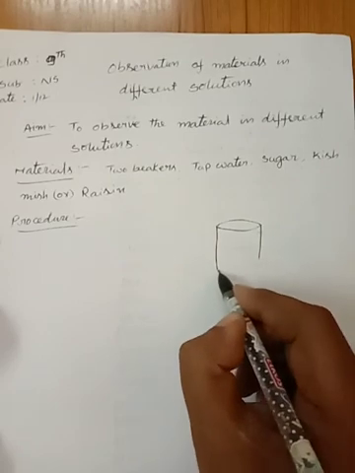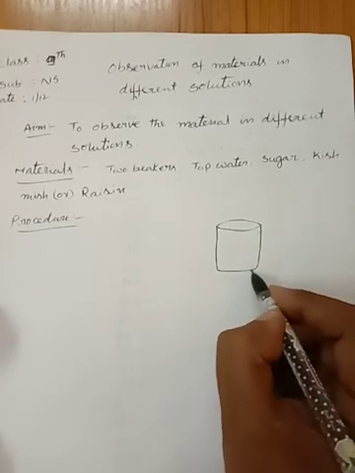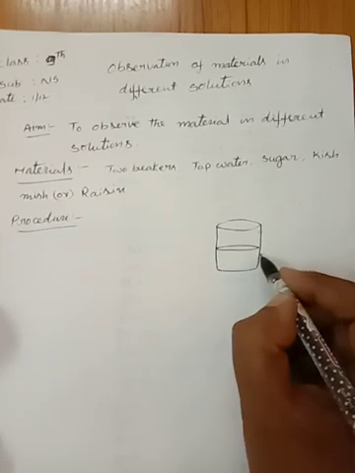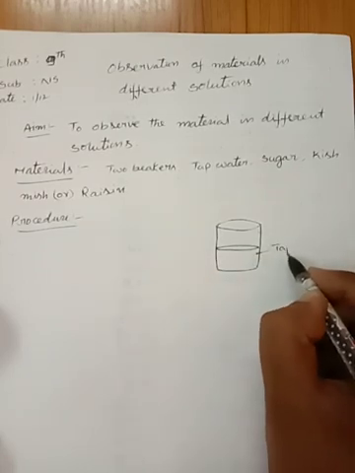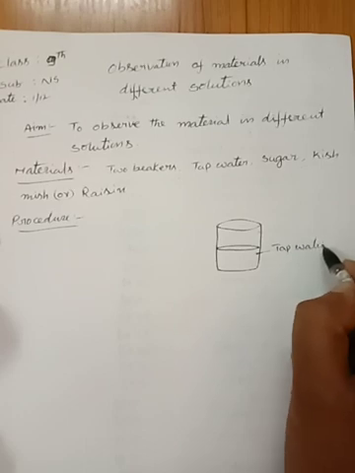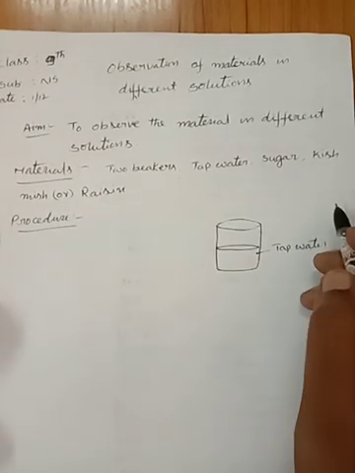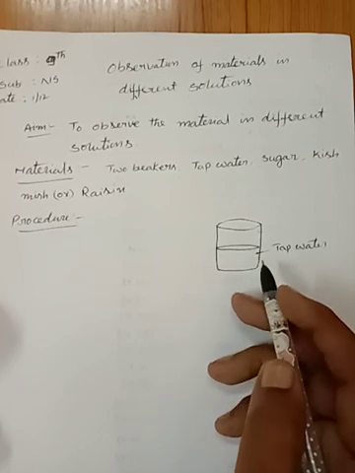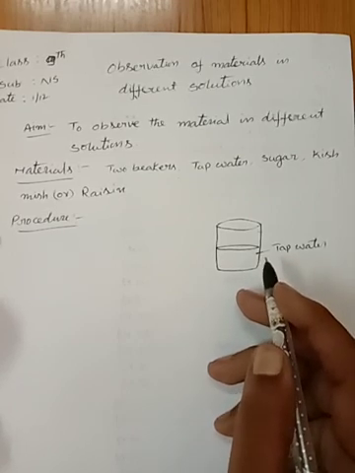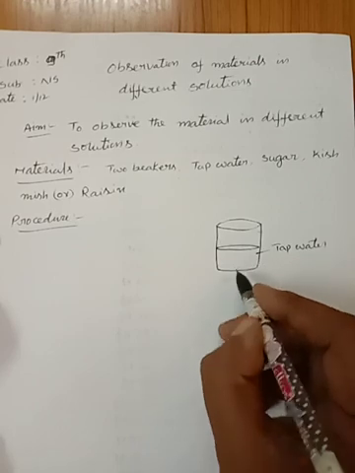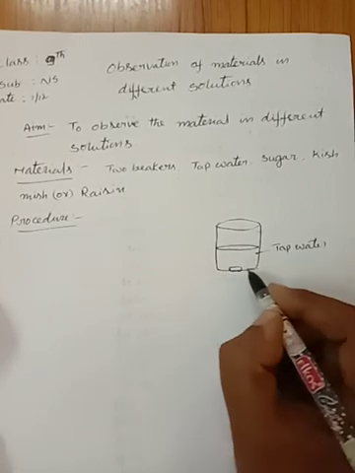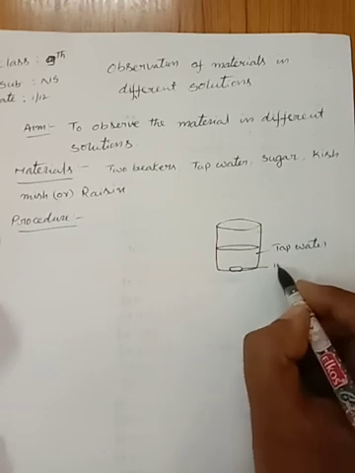In this beaker, we take 100 ml of tap water and keep dry raisin or kismis in this water.